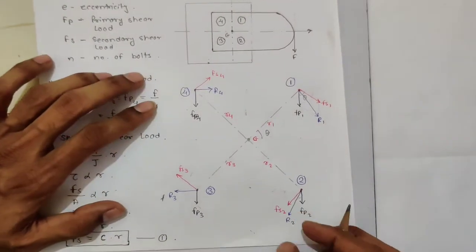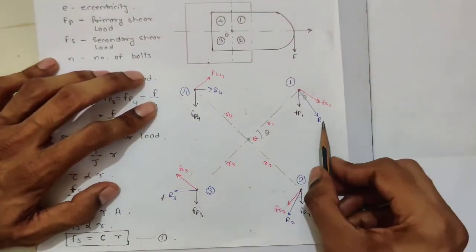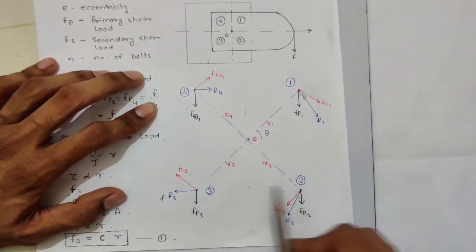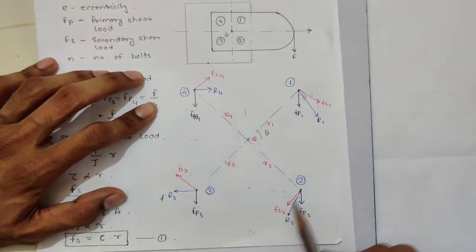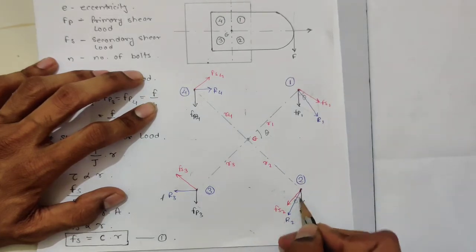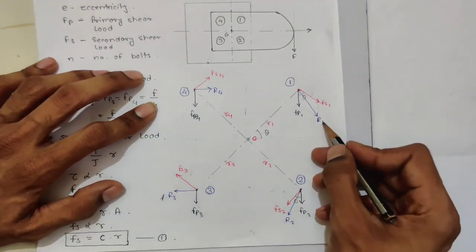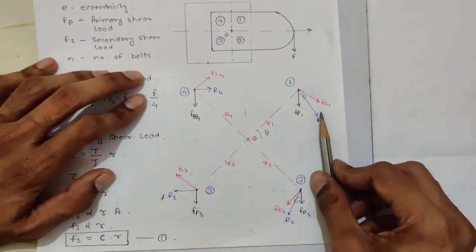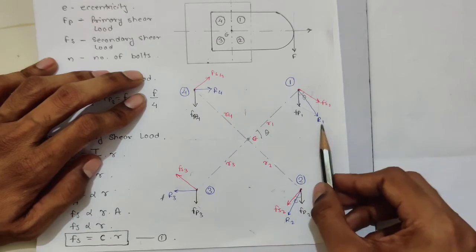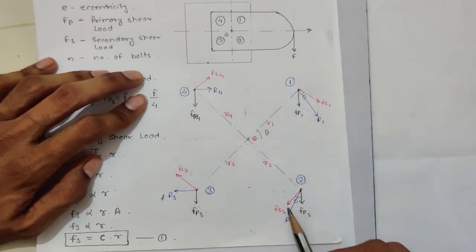So we have resultants 1, 2, 3, 4, and which resultant is the highest? R1 and R2. Because both angles are the same, resultant 1 and resultant 2 will be the same.